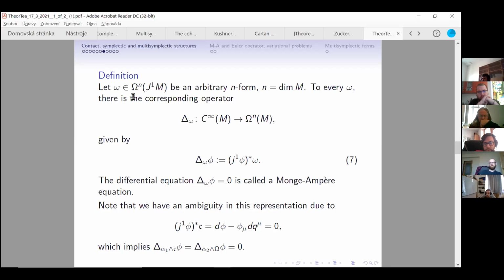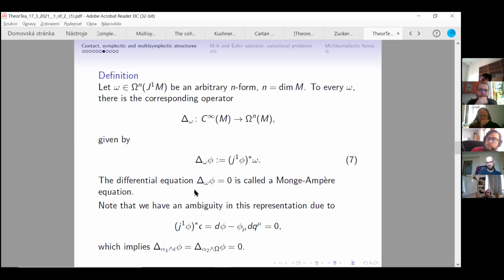But those n-forms are quite special, because we can pull them back along the sections J1 phi to obtain n-forms on the base manifold, which is just a one-dimensional subspace. So if we fix omega and take phi, we can define this operator as the pullback of omega along phi.